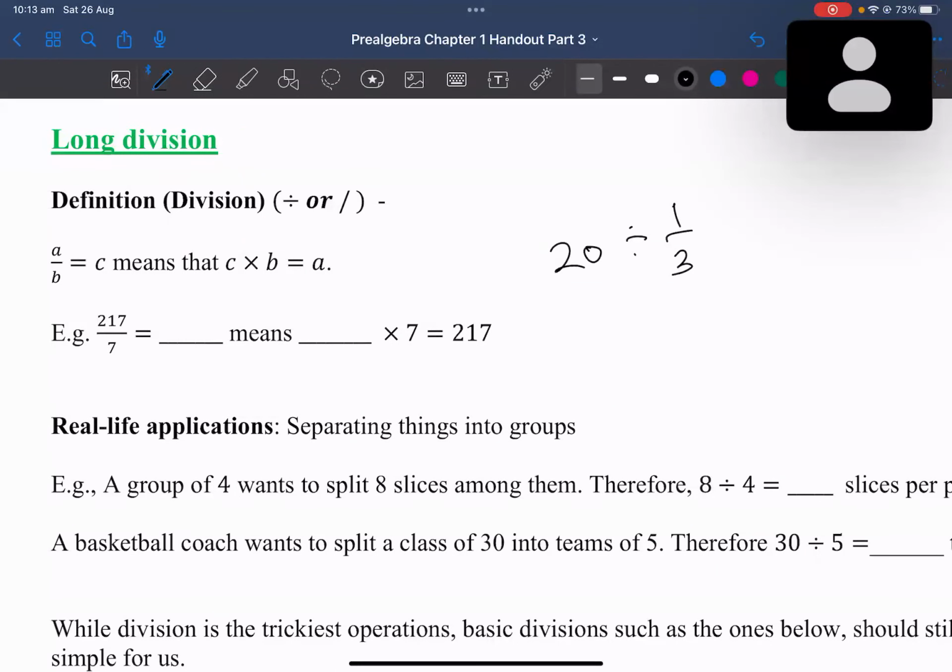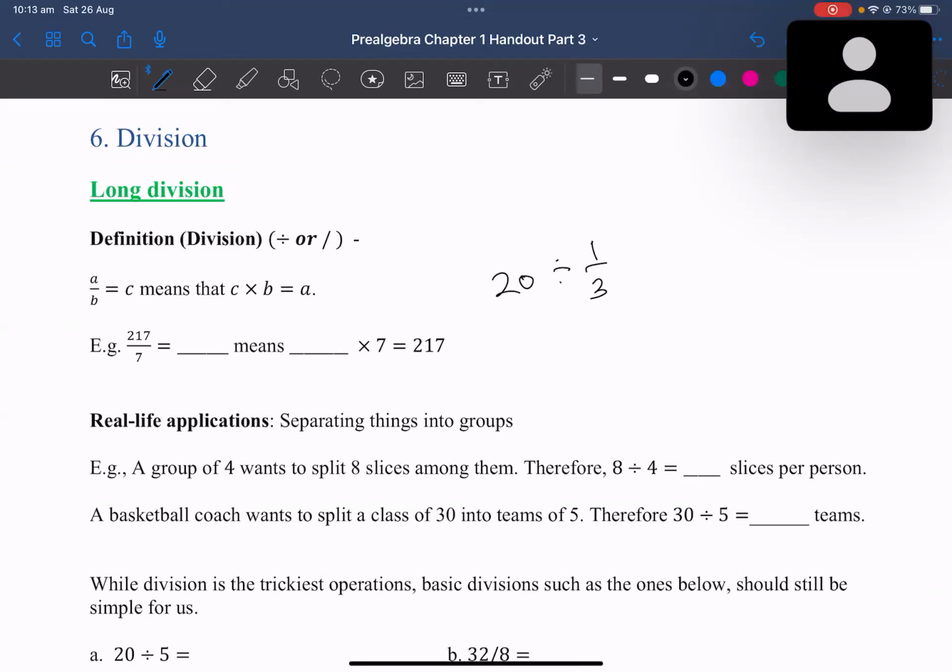Are we doing long division or short? We're going to do a little bit of long division at the start, then after that, not much long division. But do you guys know what the answer to this one is going to be? 20 divided by 1/3.